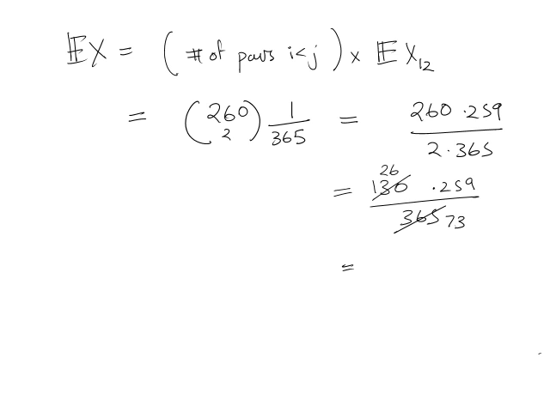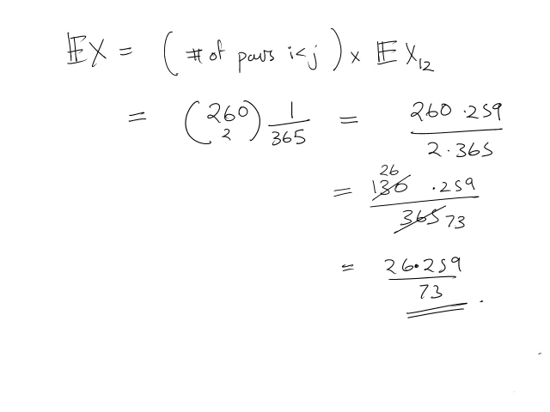Well, okay, I'm just going to leave it like this. Anyway, in general, I'm not going to ask you to simplify your answers on the midterm. You don't have to run it through a calculator as long as you get the right expression. So the idea was just use linearity and then count the number of pairs.